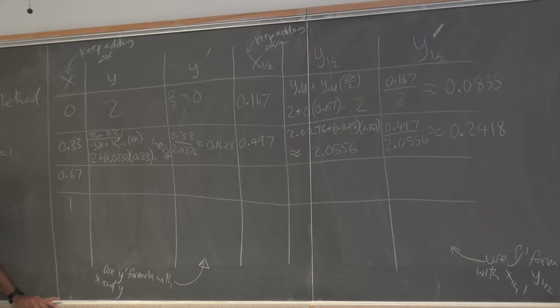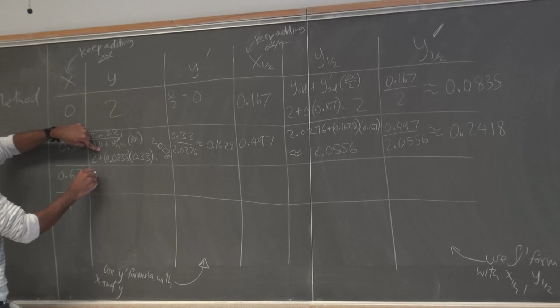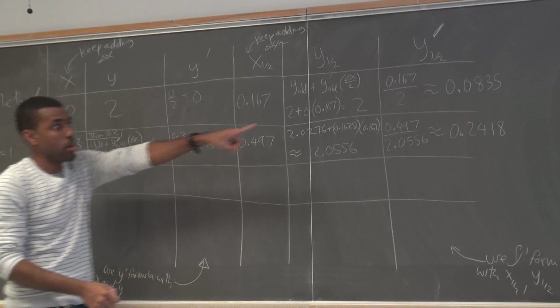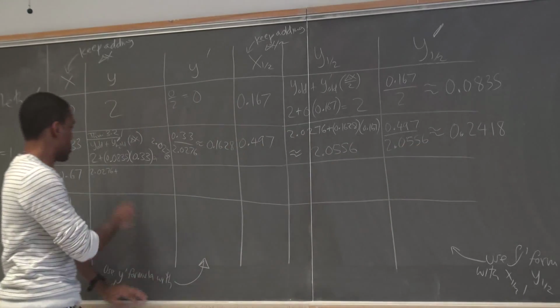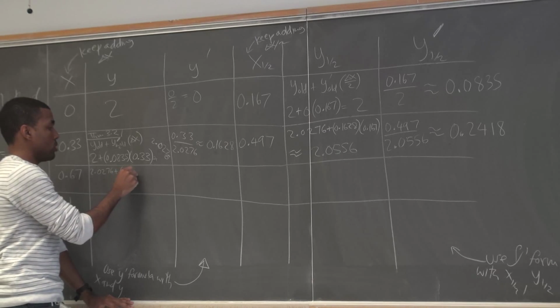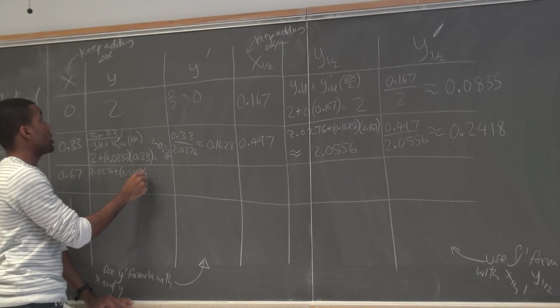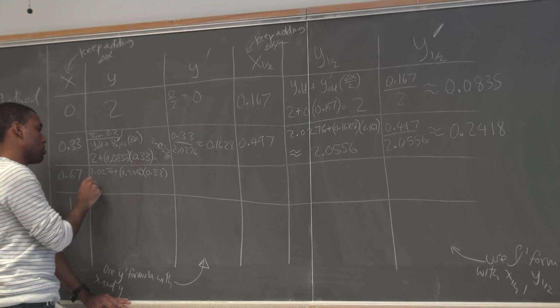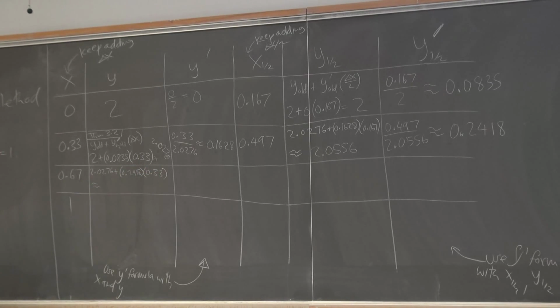The old y, so this one comes from the one above, 2.0276, plus the y prime I use here is not this one, it's that one, 0.2418 times delta x, which is 0.33. That's what?